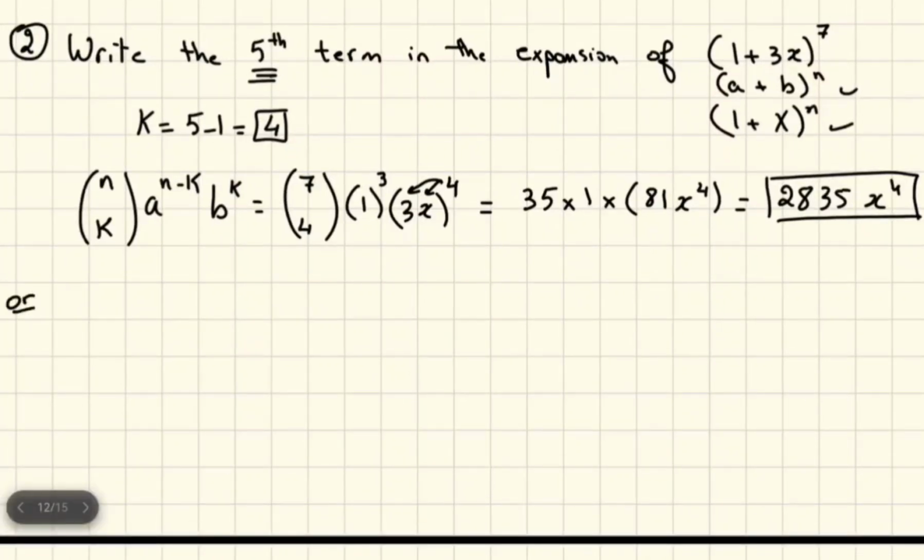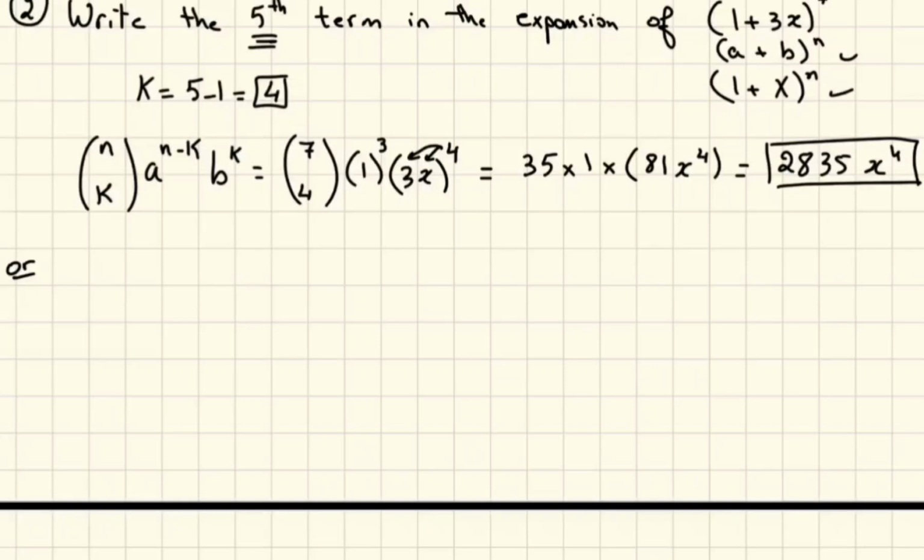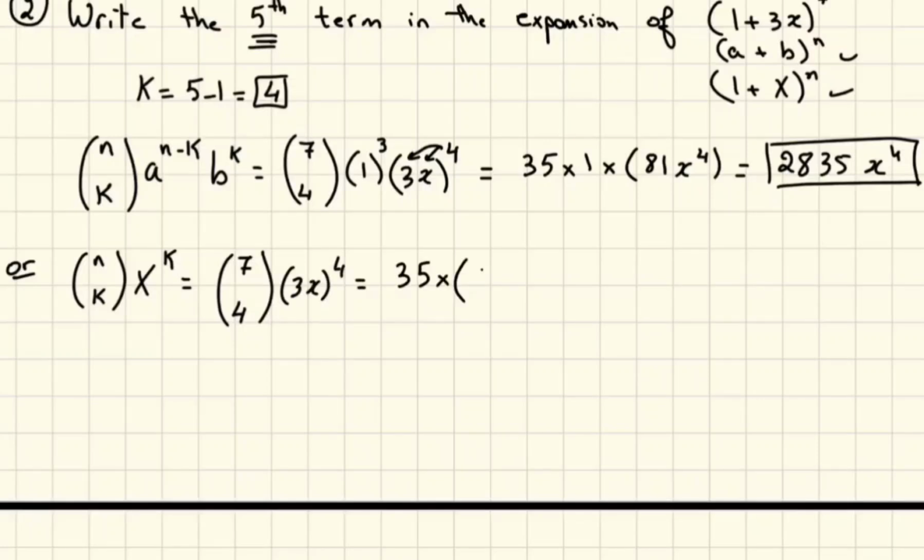For those who prefer to use the other rule, because we have the form 1 plus big X, you need to remember that the general form is nCk big X exponent k. So directly you can write 7, k is 4, and big X is 3x exponent 4. You will get 35 multiplied by 81x exponent 4, and you will get exactly the same answer.